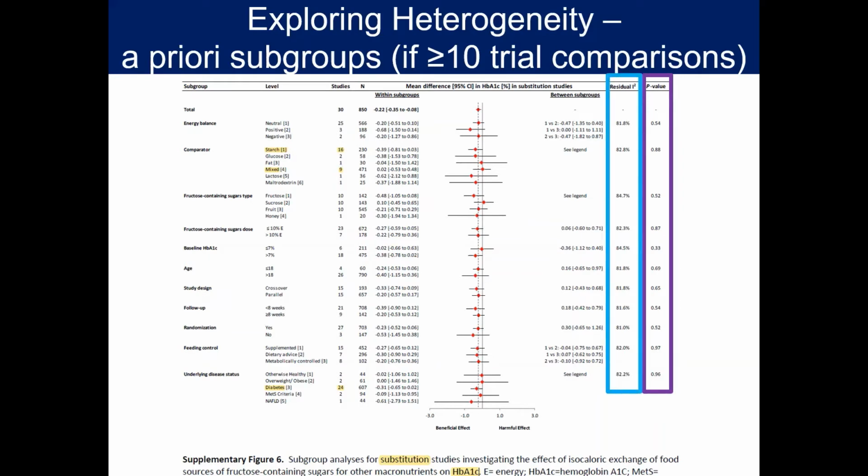In this column here, you can see what is called residual heterogeneity, which is the heterogeneity which remains after accounting for any effect modification by each subgroup. The residual heterogeneity in each of the subgroup analyses in this example remained at about 80%. Thus, none of the subgroups seem to have any effect modification on the substantial heterogeneity in the main analysis, which was 82%.